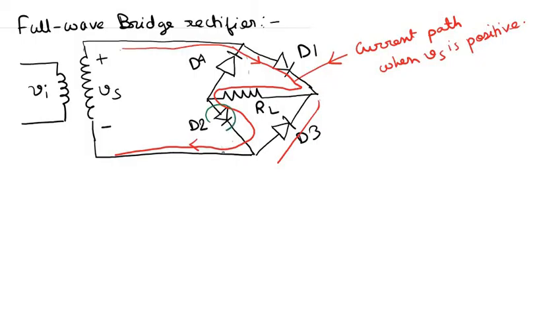So no current can flow through D2. So current would basically flow in this path when Vs is negative. So through D3 and then through the load resistor RL and then through this diode D4 and then into the transformer in this direction.